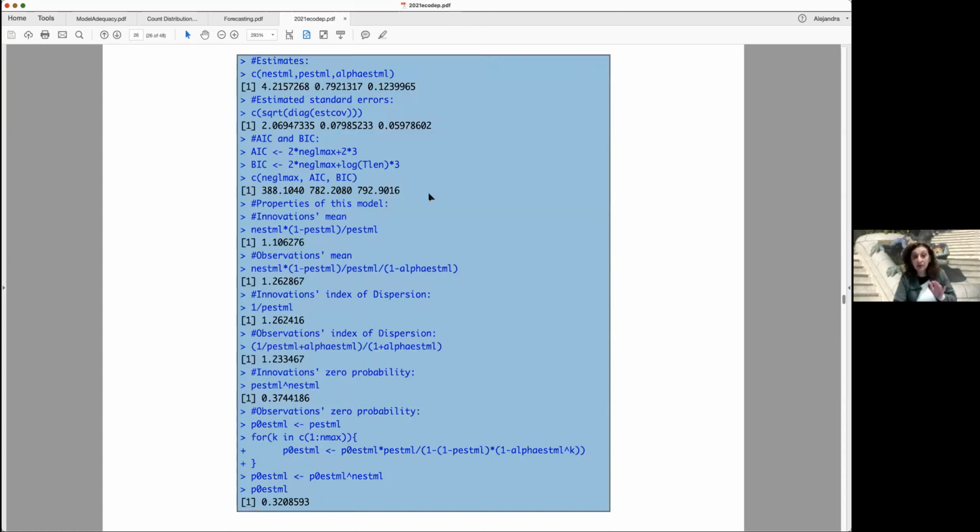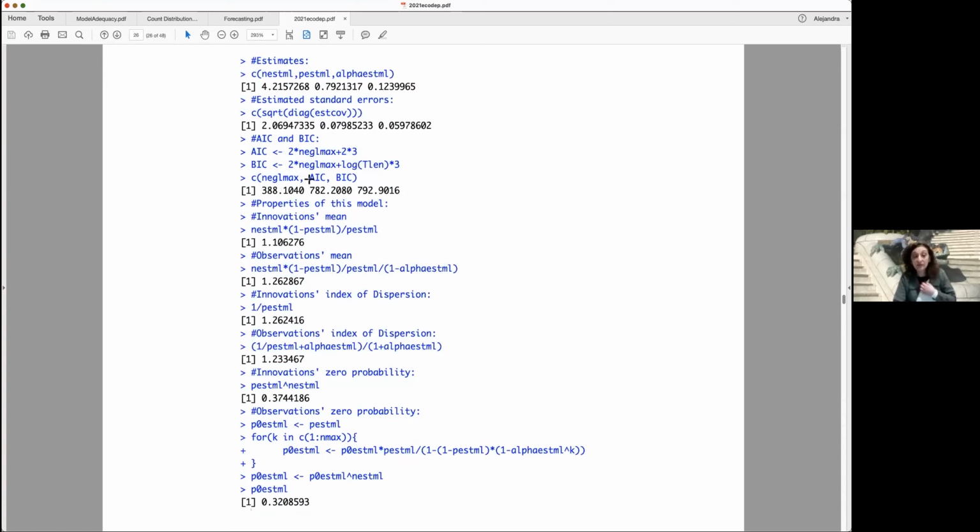In the case of the Akaike or Bayesian information criteria, the difference between the two models is not very striking. In this case, we have different zero probabilities: you see the innovation zero probability is smaller in this case, which is better.